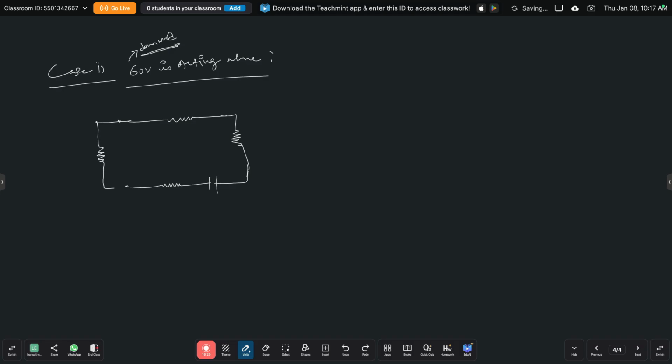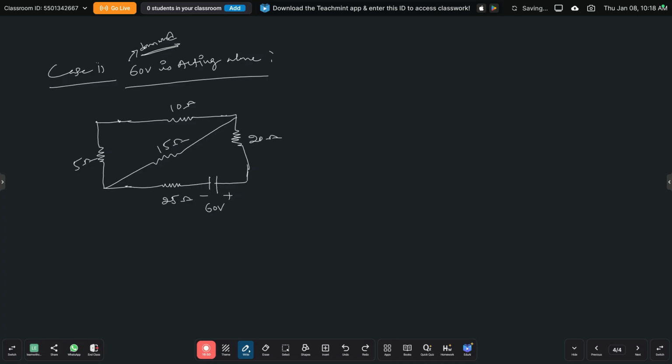This is the 5 ohm, this is the 25 ohm. This is the minus plus 60 volts, and this is the 20 ohm resistance, and this is the 10 ohm resistance. Okay, so this is the circuit, and this is the 15 ohm resistance. Here the bottom 60 volts is active and the other 60 volts is inactive.